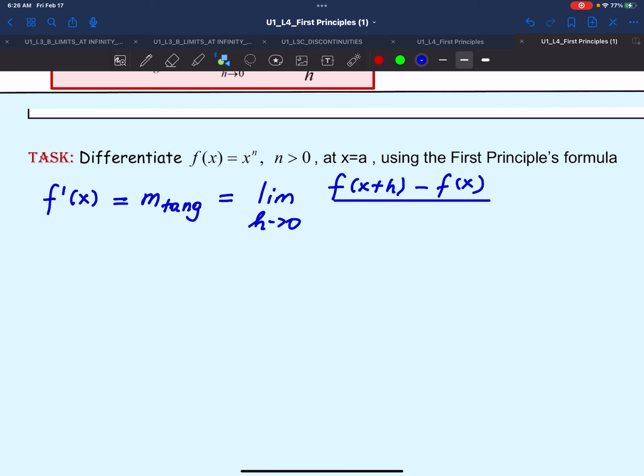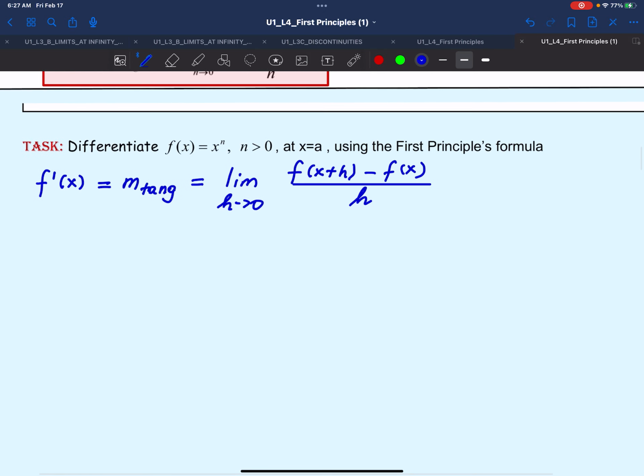I'm pretty sure you're going to love this. So let's apply this formula to this function, or in other words, let's bring this function to this formula. That would equal the limit as h approaches 0 of, over the horizontal line, x plus h to the power of n.